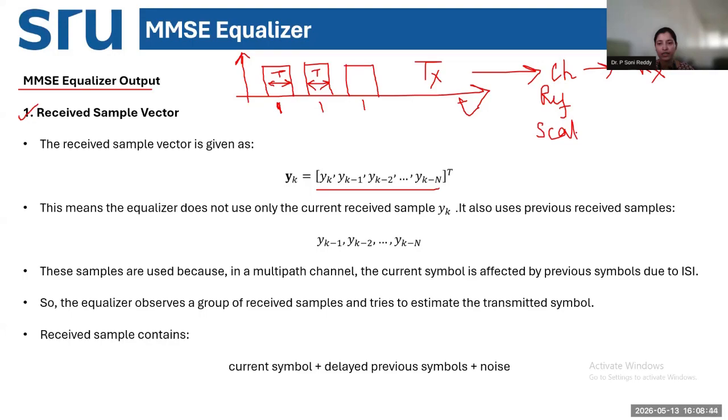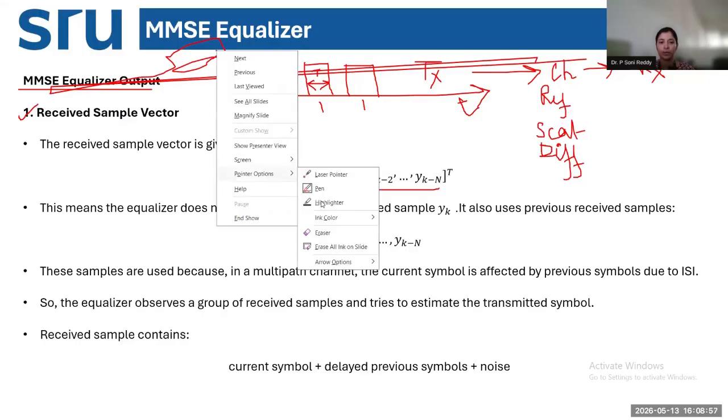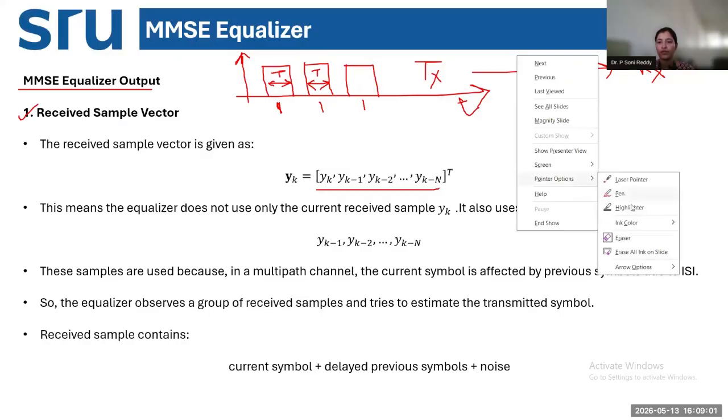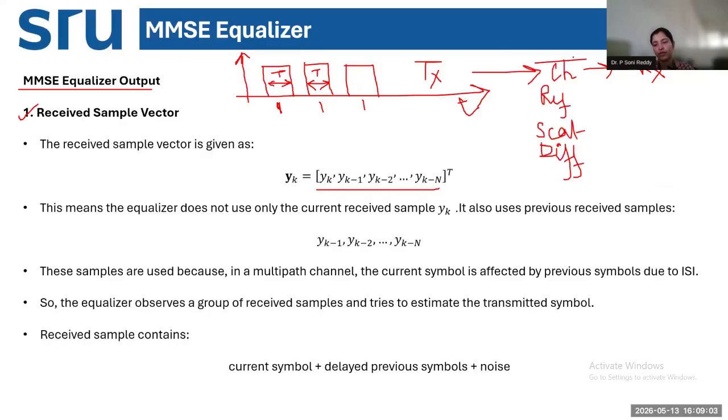Each of these transmitted signals will reach the receiver at different time instances because they are traveling different path lengths. So the multiple copies of this transmitted signal will reach the receiver. Multiple copies means I will have one signal for the symbol at y of k.